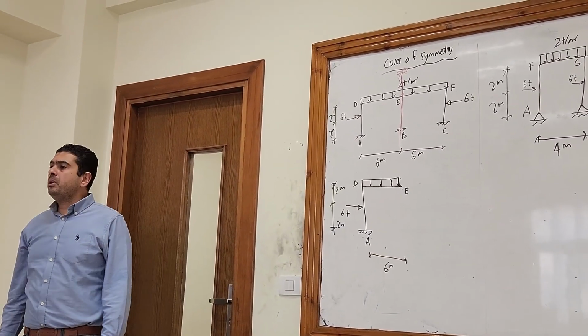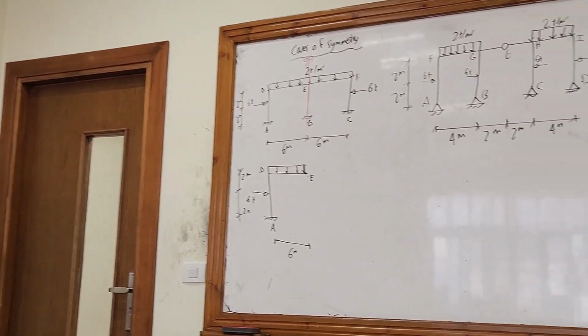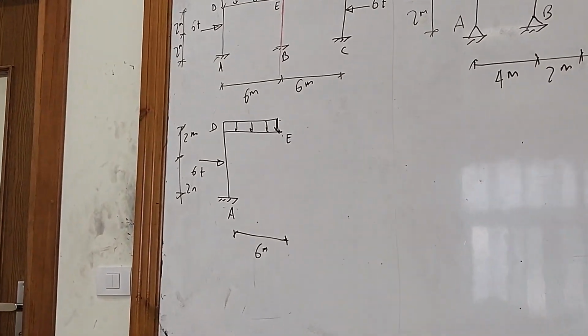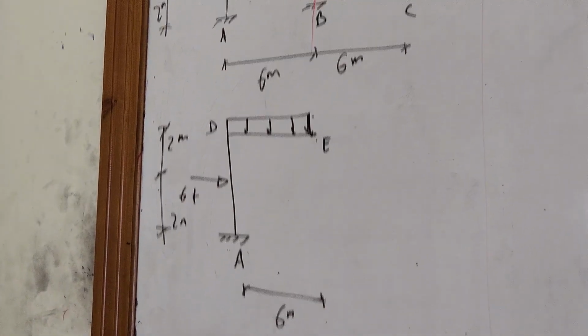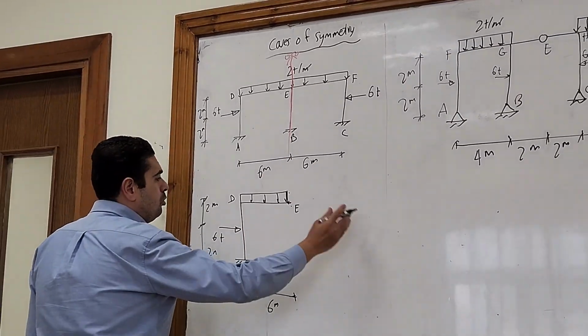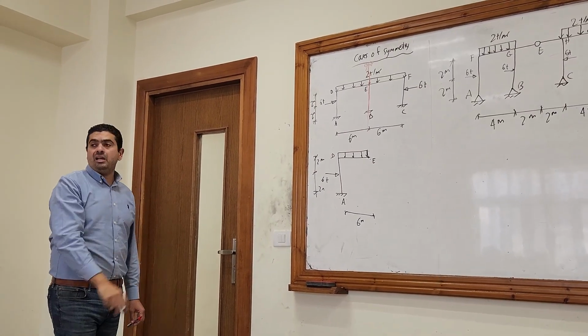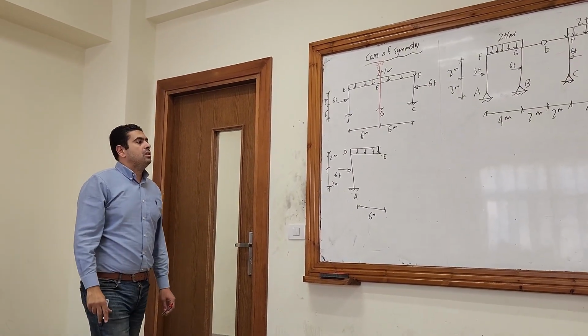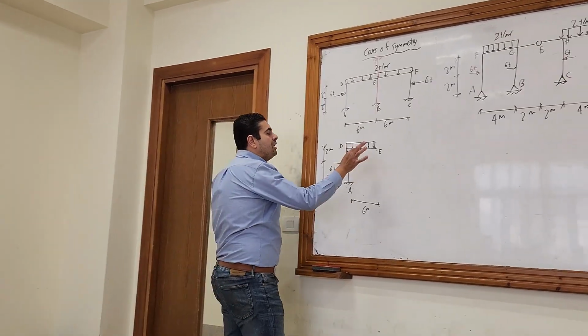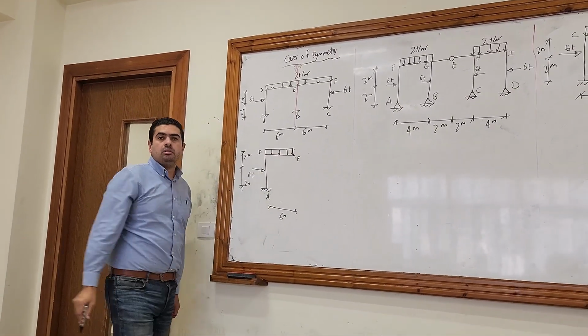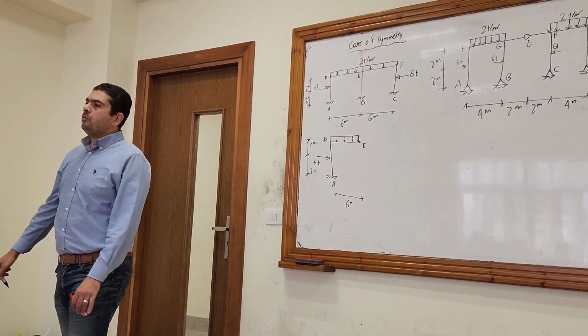So I remove the member EB. I will only draw half of the frame because the other half is symmetric to the left half. So the question is, what is the behavior of this point? What is the behavior of this point?